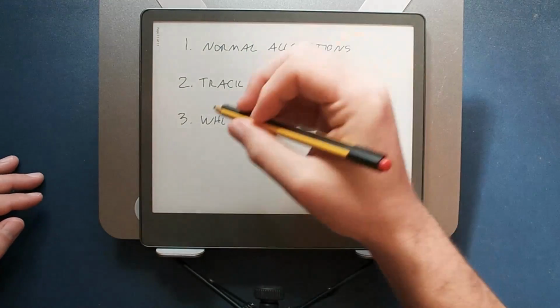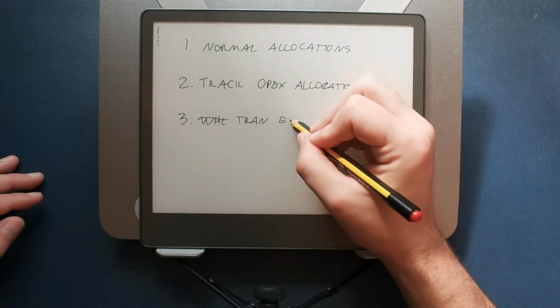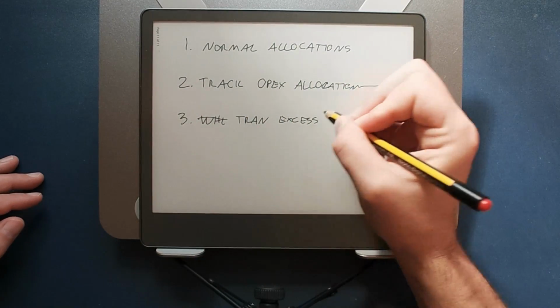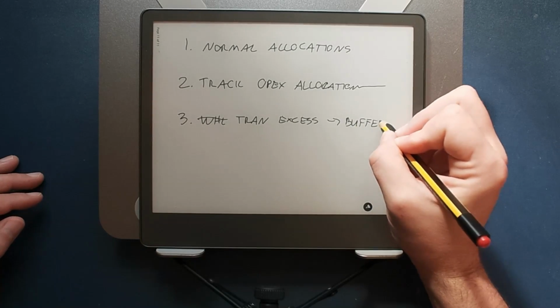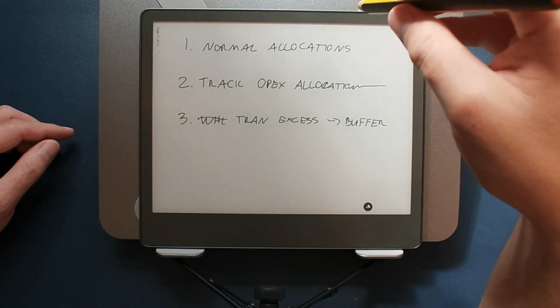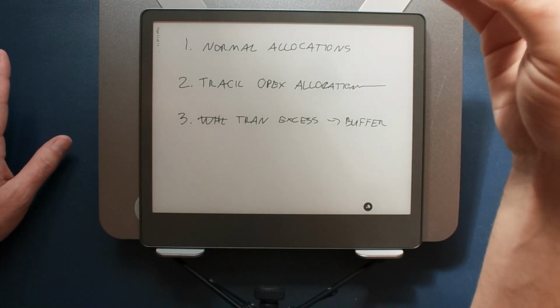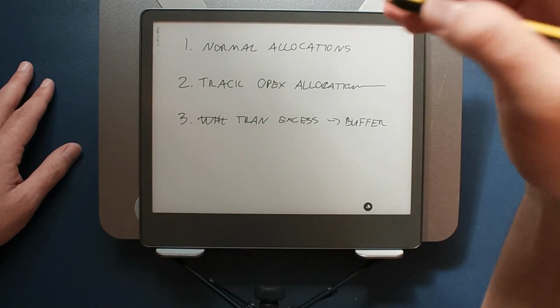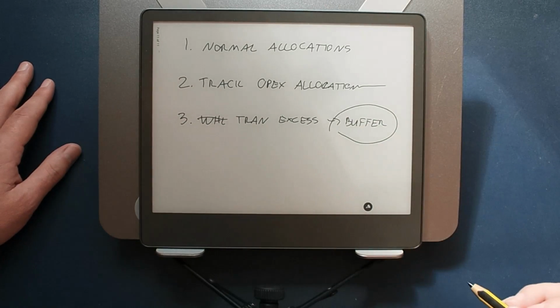So whenever you have put more than you need for your monthly nut into OpEx, regardless of how much you've taken out, we're only looking at the deposits, then you're going to transfer anything after that point into a new bank account called buffer.